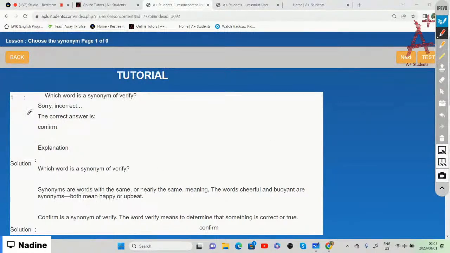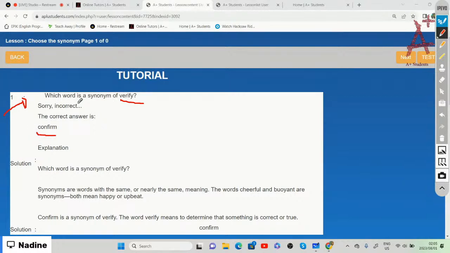If we look at our first question, it says, which word is the synonym of verify? So if we need to verify something, then the synonym of verify is confirm.